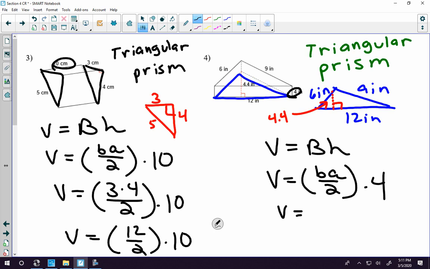So the base of that triangle is going to be the 12 inches, and the altitude of the triangle is 4.4 inches. I want to point out that in any triangle, the base and the height, which I'm calling altitude, are the two segments that are perpendicular. That's why we're using the 12 and the 4.4 here. And we're still stacking 4 high.